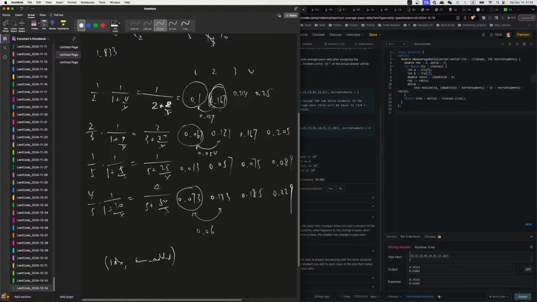So initially there will be 0 students added. We push this in, and when we compute the order, it's gonna be this, put it in minus this minus 1. This is the difference. So we get the one with the maximum difference.